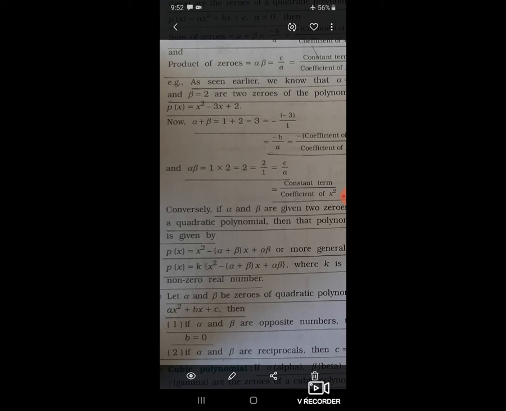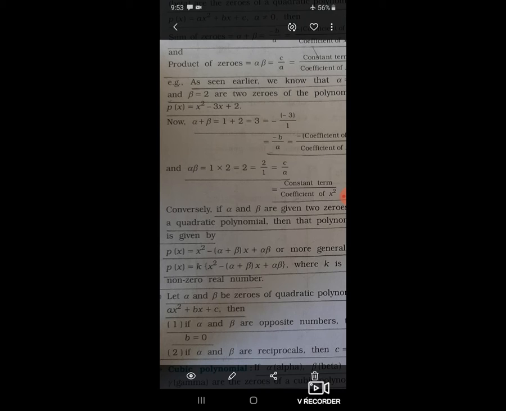And the product alpha beta is equal to 1 multiplied by 2 is equal to 2. Or in the form of coefficients, c upon a, where c is the constant term and a is the coefficient of x², we get 2/1 is equal to 2.